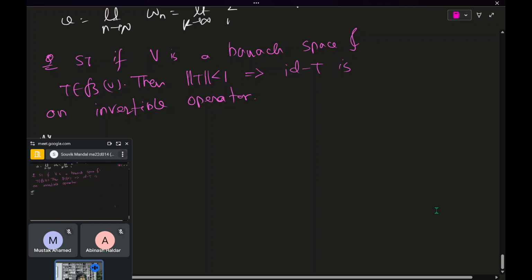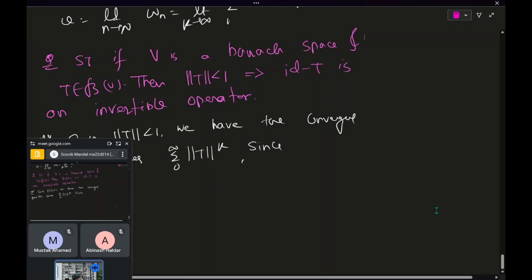Now, since norm T is less than 1, we have the convergent geometric series, the summation from 0 to infinity of norm T to the k.